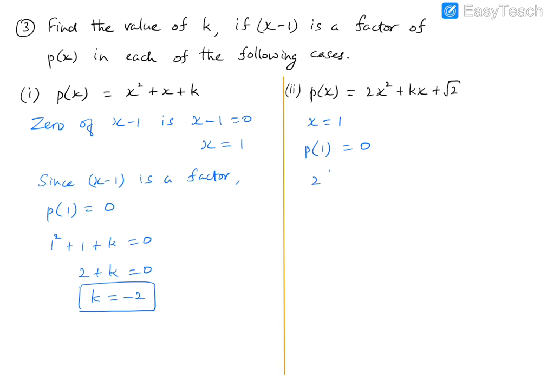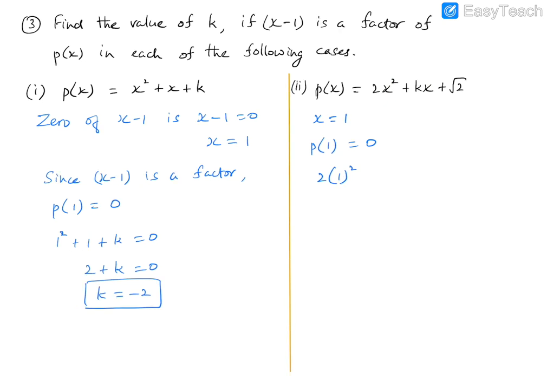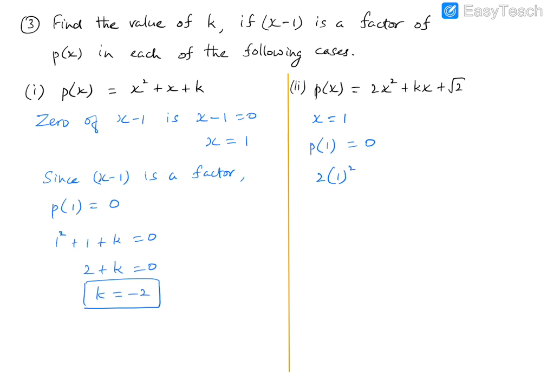So what is p of 1? So that's 2 into 1 square. So in place of x, we are putting the number 1. So 2 into 1 square plus k into 1 plus root 2 equals 0. So now solve for k and we'll get the value of k.